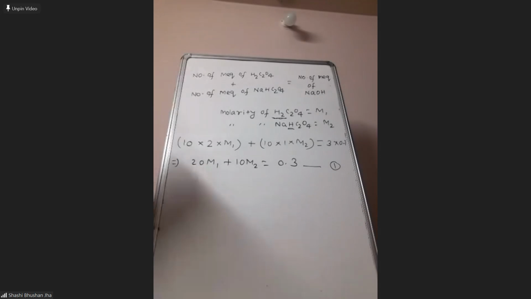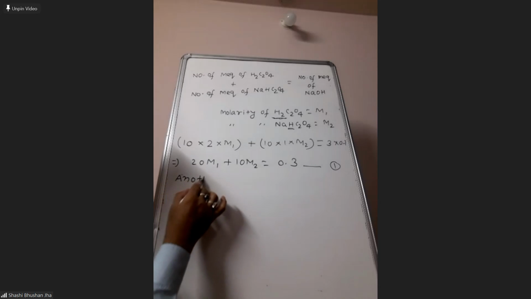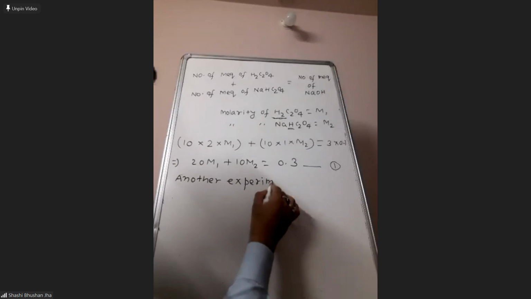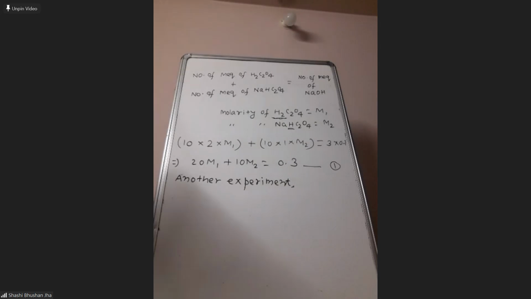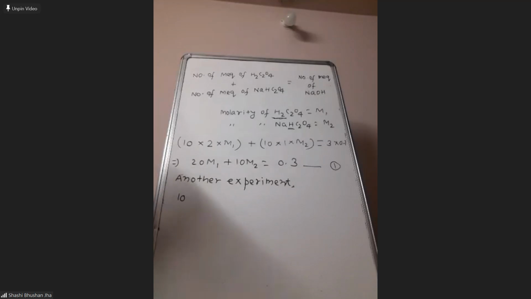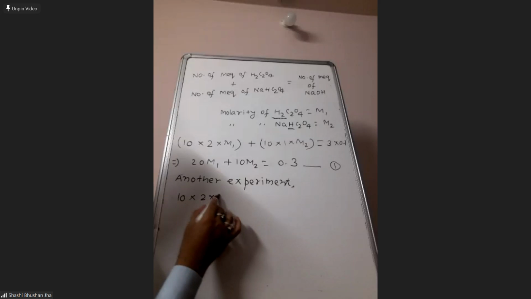So now for the next experiment, or in this another experiment, the number of milliequivalents of oxalic acid will be again the volume of oxalic acid solution, the solution volume we have taken is 10 milliliter, into its N factor multiplied by molarity.